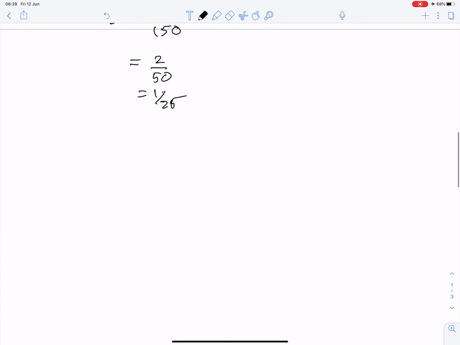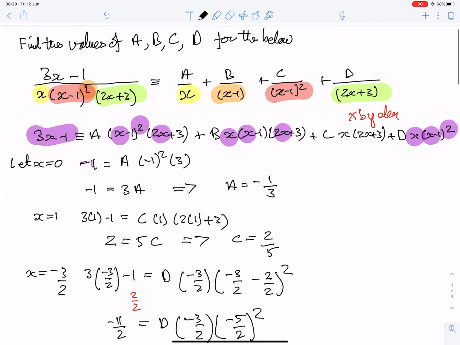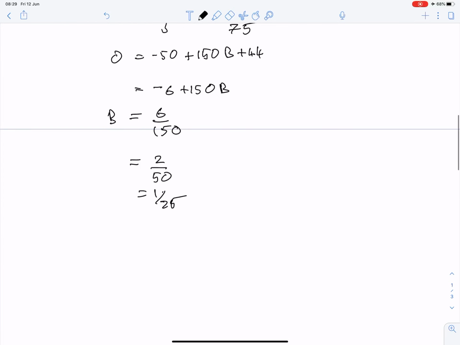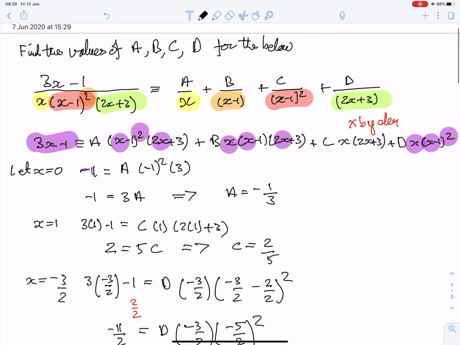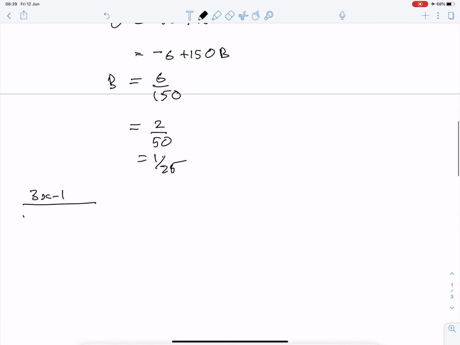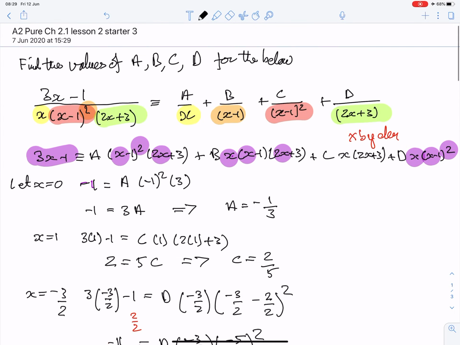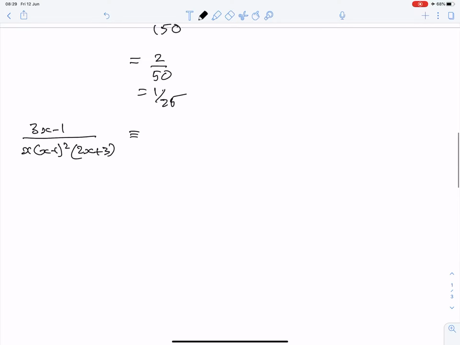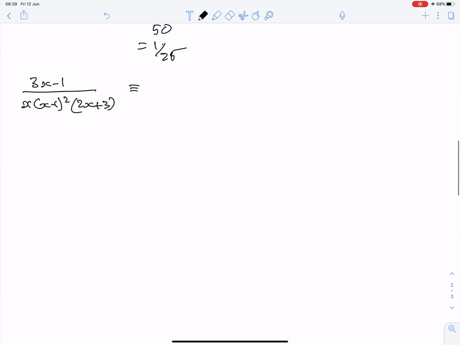Okay, so now we can substitute those back in. (3x minus 1) over x(x minus 1) squared (2x plus 3) is identical to A, which is negative 1/3 of x.